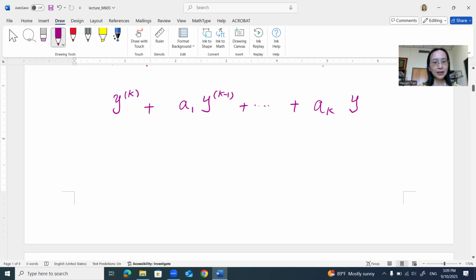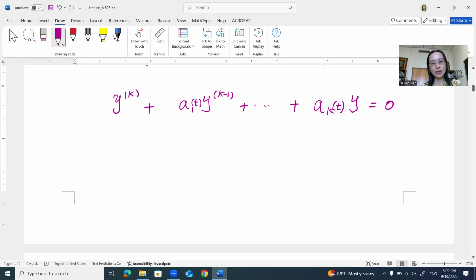So actually a1 all the way to ak can be variable coefficients. They don't have to be constant coefficients. So a1 can depend on t, ak can depend on t.